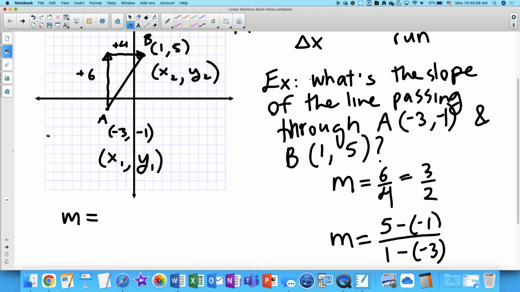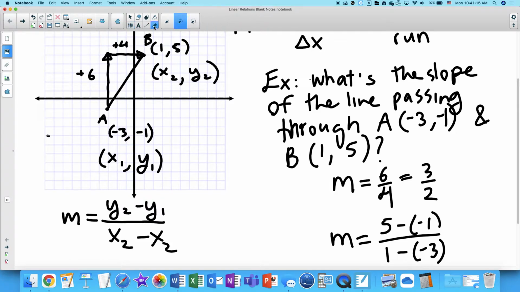That represents y2 minus y1. It's a difference in y values over 1 minus -3, which is x2 minus x1. There we go. This is called the slope formula.